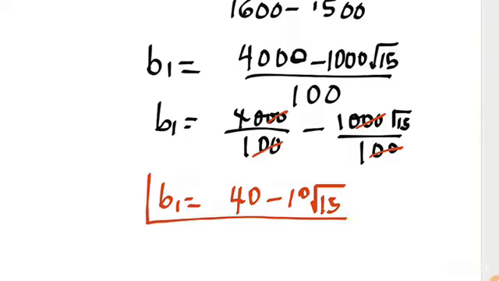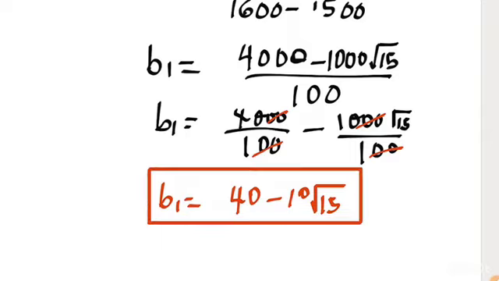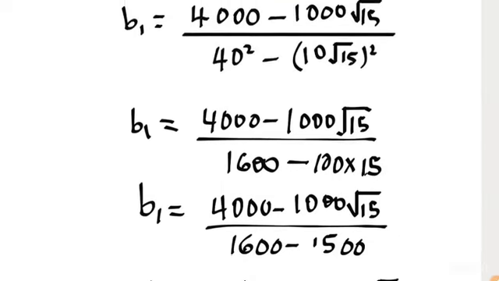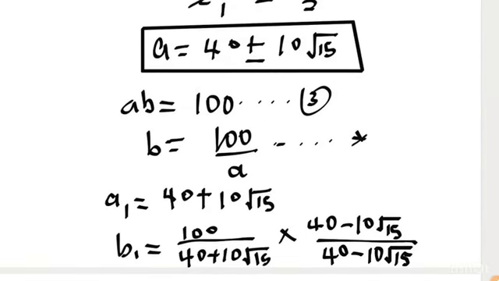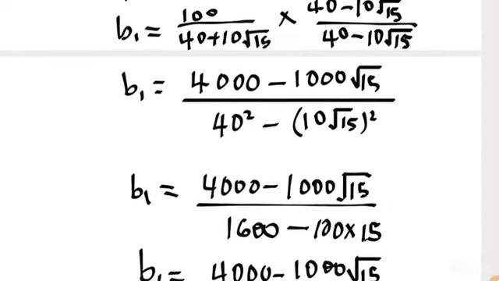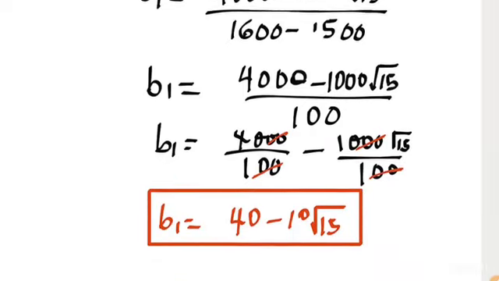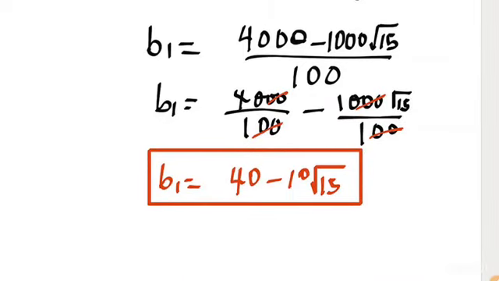So now what I just want to tell you here is that if you try to compute for when A1 equals to the negative one, which is 40 minus 10 root 15, are you getting it? So you see that we are still going to have the opposite one. So therefore, in conclusion, we can have A1, B1 to be, what is our A1?